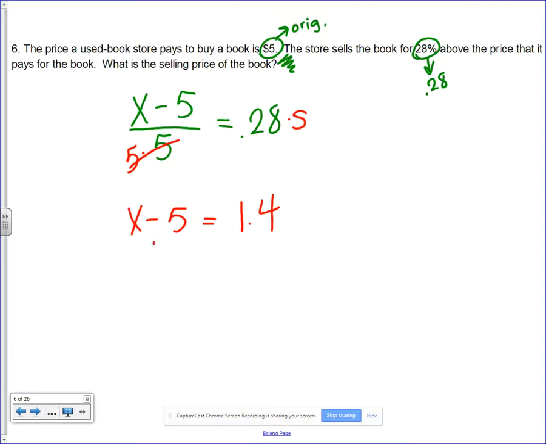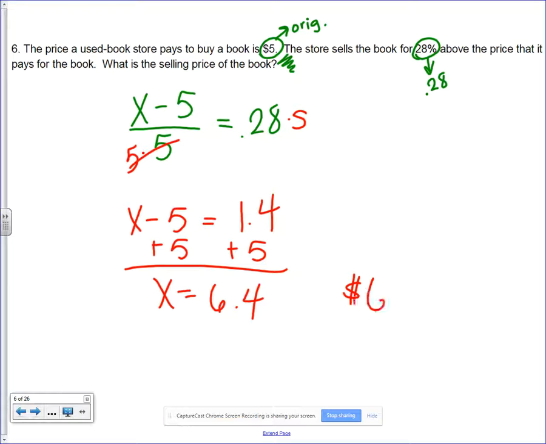Next, I got to get rid of that 5. So what does this mean? It means the bookstore is going to sell this book for $6.40. It bought it for $5. It increased the price by 28%, which means it now will be selling the book for $6.40.